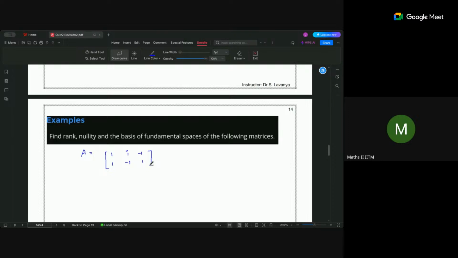Fine. So here, what is it that we need to find? Whenever we have a complex matrix, what are the fundamental spaces?